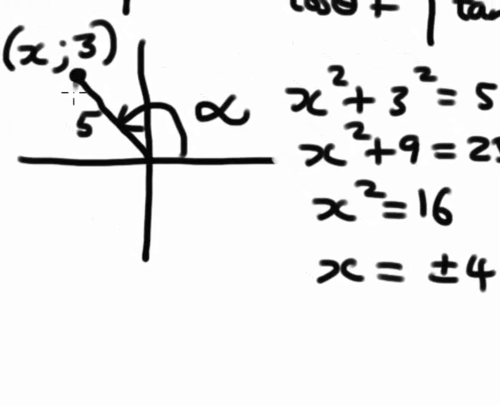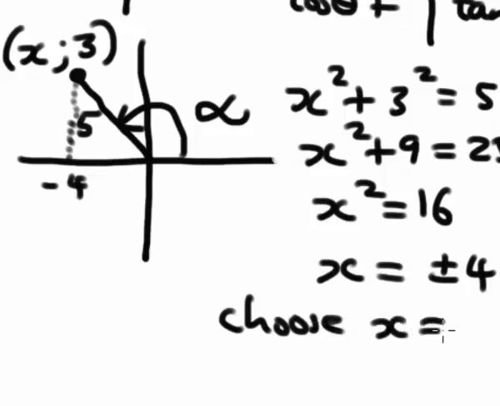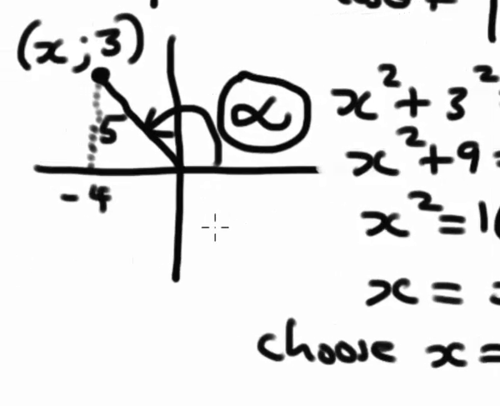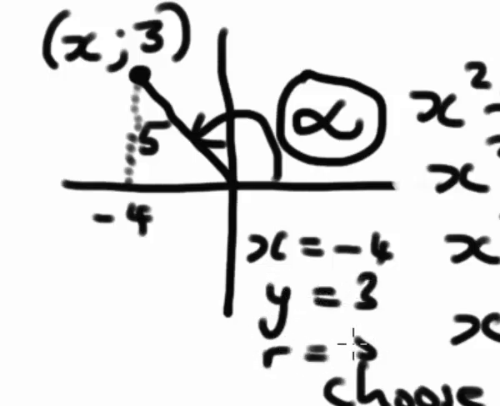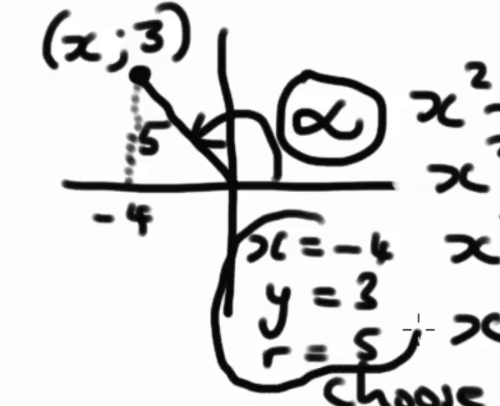But in the diagram, you can probably notice that the x is negative. So therefore, we're going to choose x to be negative 4. So for the angle alpha, we've got x is equal to negative 4, the y value is 3, and the r is 5. So that will be for angle alpha.